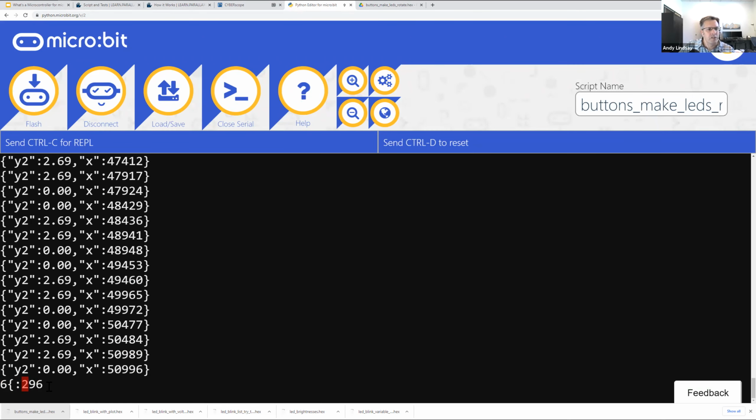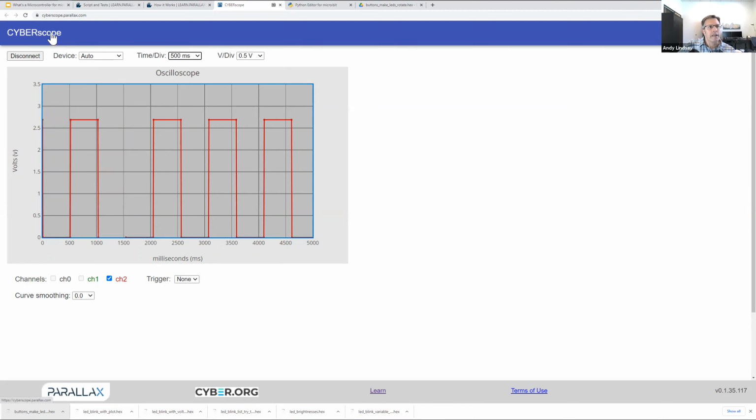The idea is that there are two ways to display this data. One is resident to the microbit editor, and the other is resident to the cyberscope, but they can't both be connected to that same data stream at once. That's why I try to get everybody in the habit of disconnecting in one, then coming back and connecting in the other.